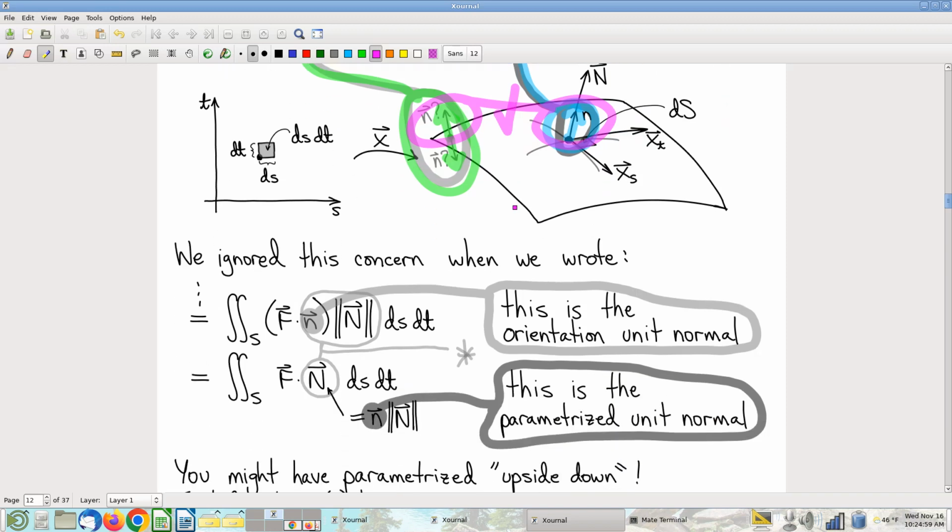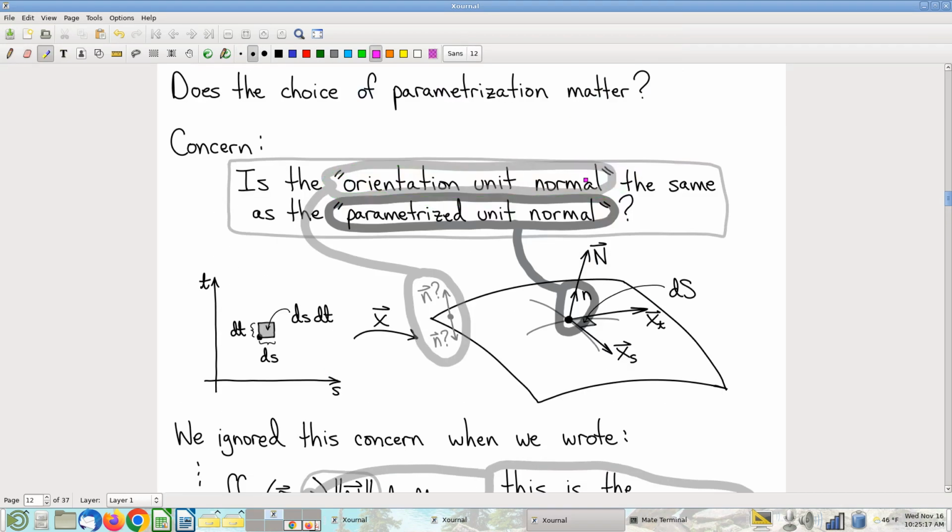We got lucky. These things then are equal, and we're all good. It was a coin flip. We called it right, and not a problem. So we've got this kind of a coin flip. When you write down a parameterization, you are making an arbitrary choice that 50-50 might be right, might be wrong.